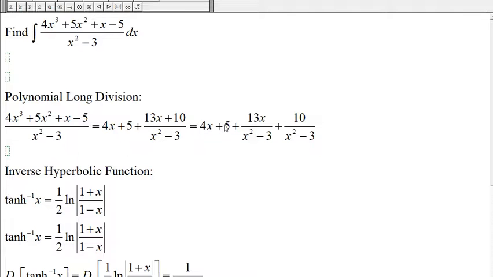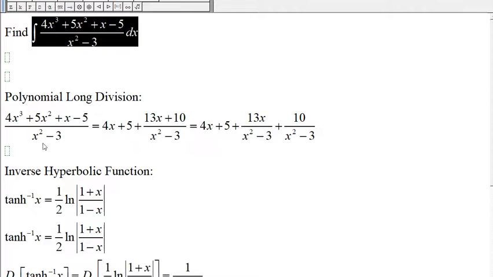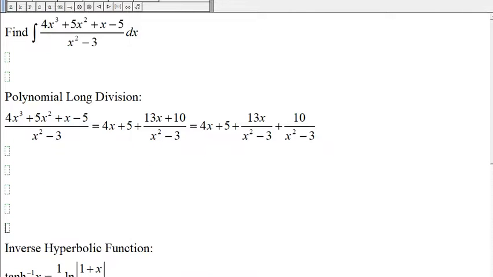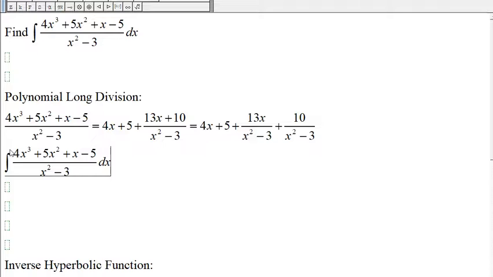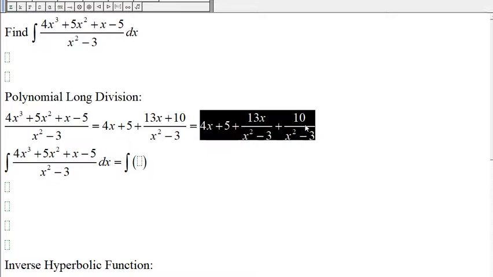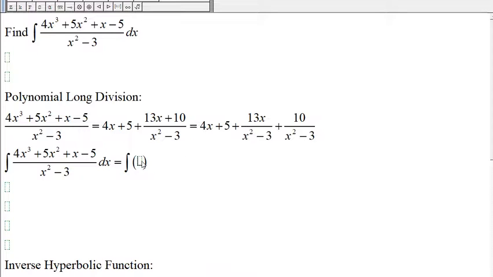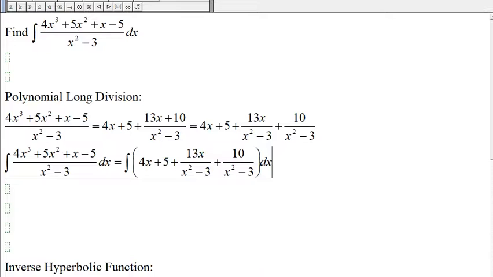This is the same as 13x divided by (x^2 - 3), and then plus 10 divided by (x^2 - 3). And so this integral will be the same as this, dx.